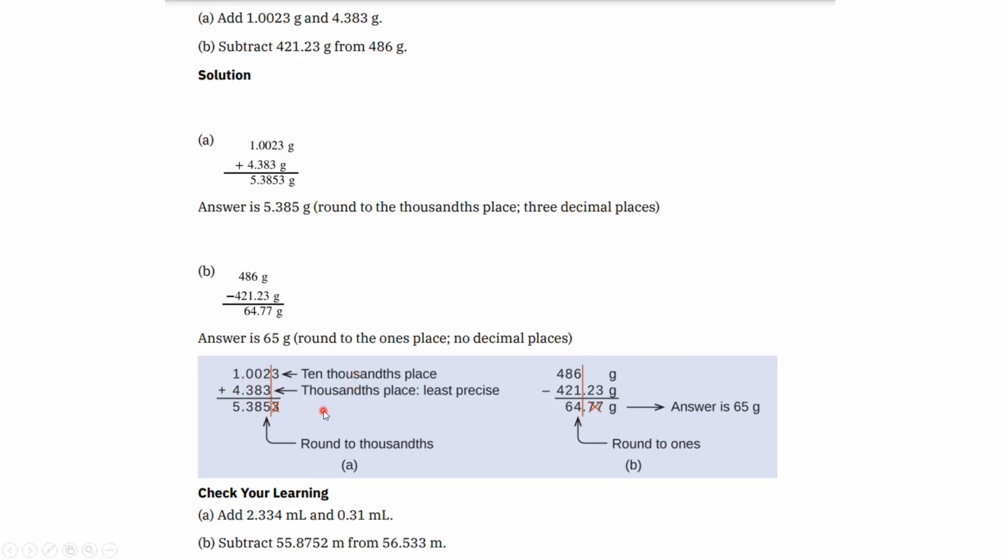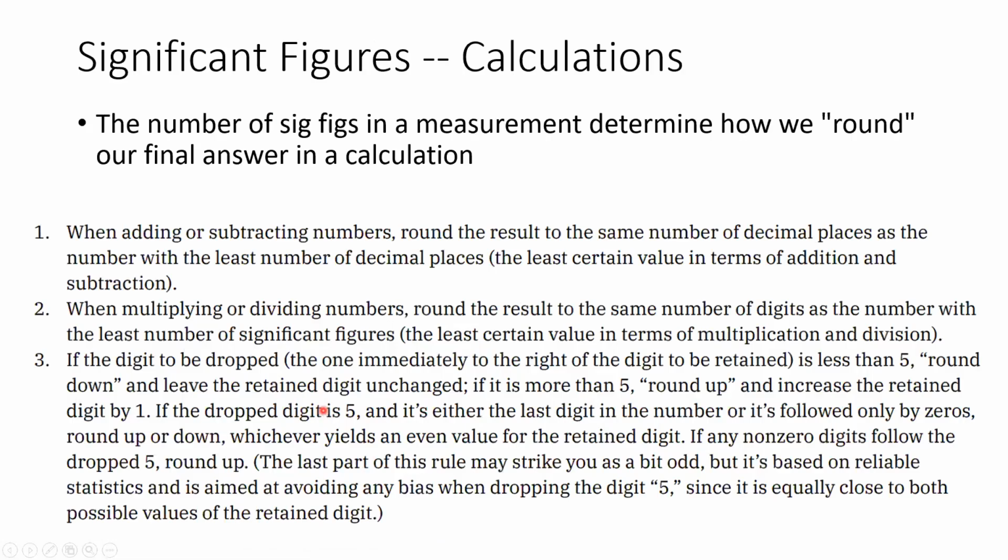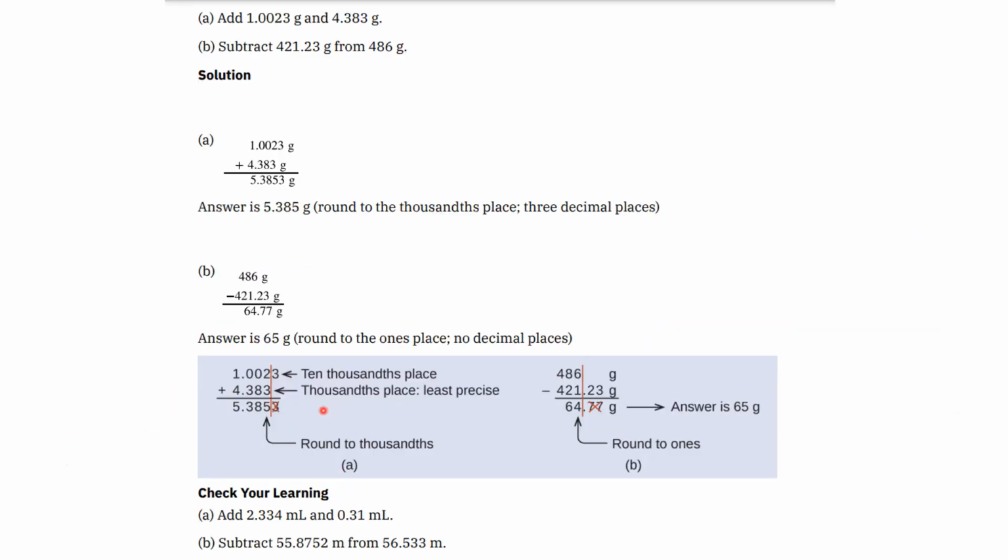And then when it comes to rounding, this is the third step. So it's got a whole big write-up there. I think I took this from the textbook. It might not be though, I forget. But essentially it's just the same way we always round. 5 and above, we round up. 4 and below, we round down. So in this case, since that next digit was a 3, we just keep the 5 as it is.